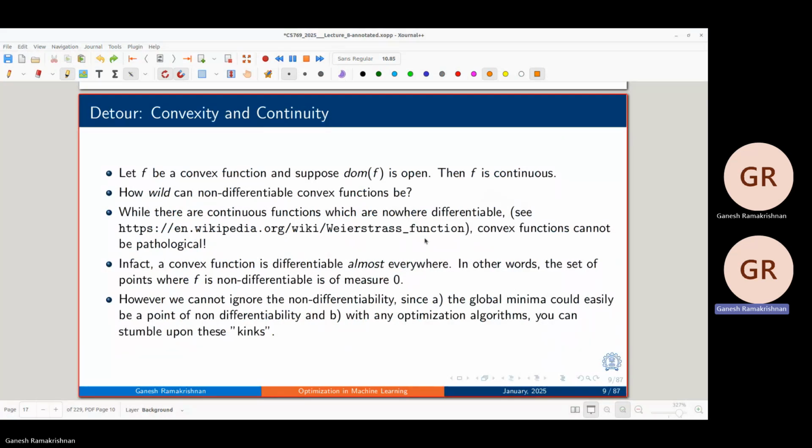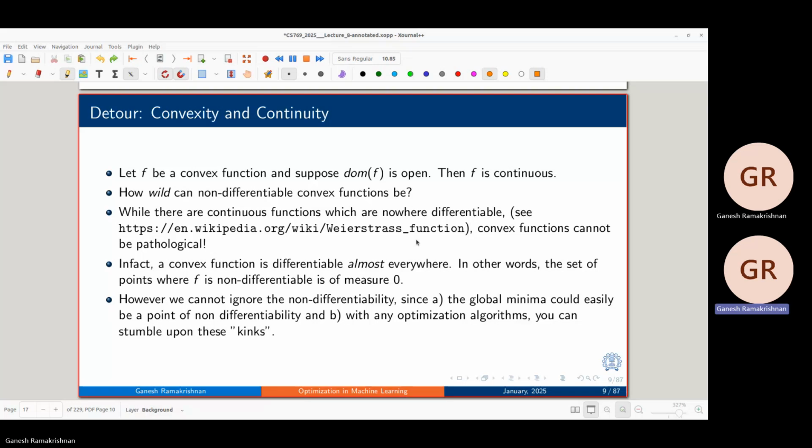So while we talk about subgradients as a rescue act, convex functions are a lot better behaved. We should not need the subdifferential everywhere. That is basically the message I'm trying to send. The message is that a convex function is differentiable almost everywhere.